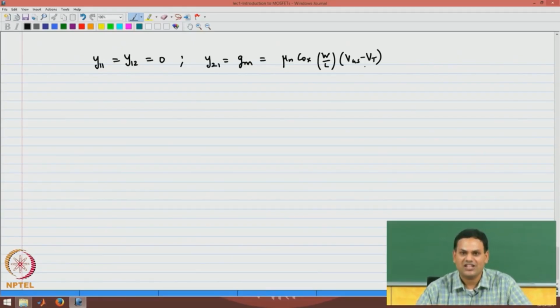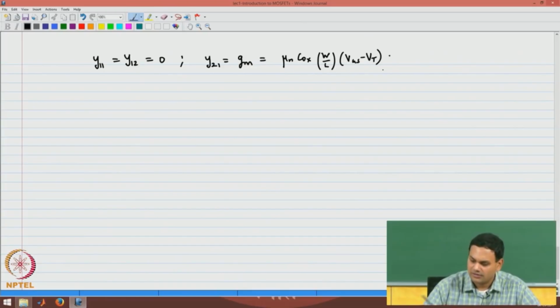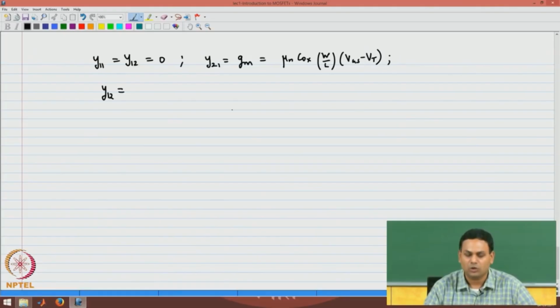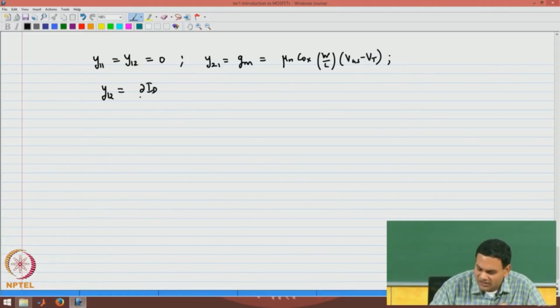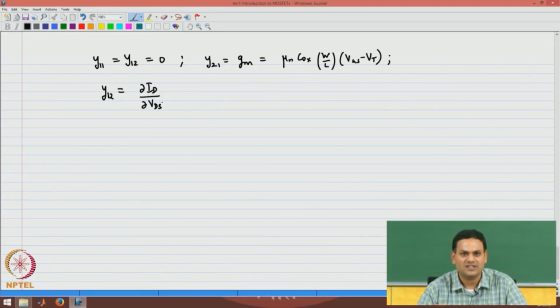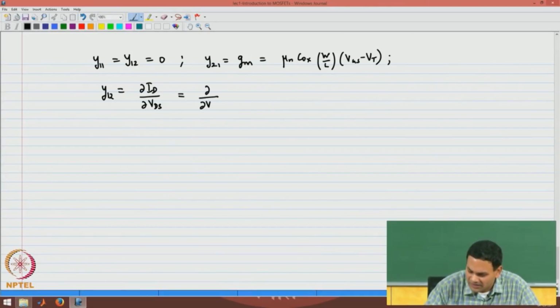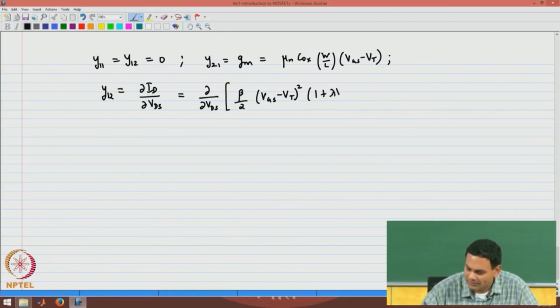The value of Gm does not change, but we still have the fourth parameter, which was originally dou id by dou vds. We had assumed that that was 0, but it turns out that is not 0 anymore. So, let us go back and plug in the expression for id. It is beta by 2 into Vgs minus Vt the whole squared into 1 plus lambda Vds.